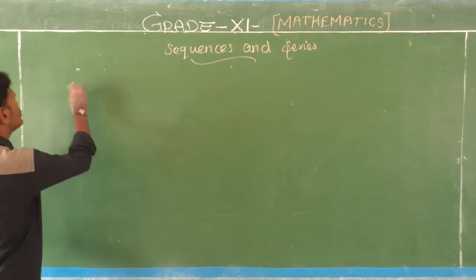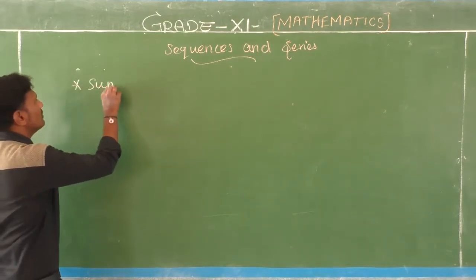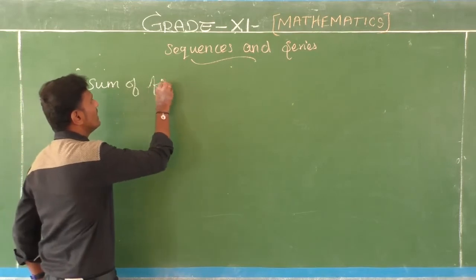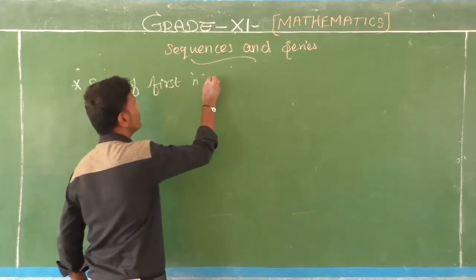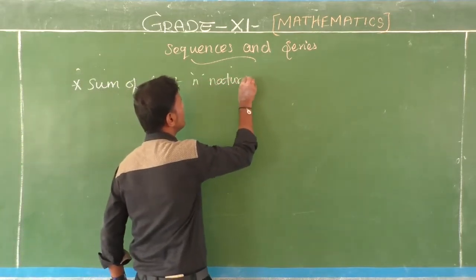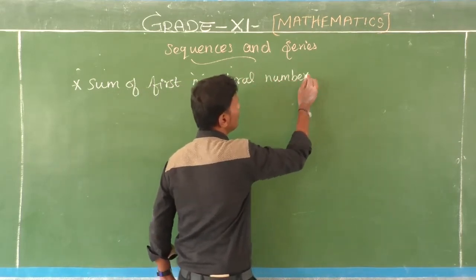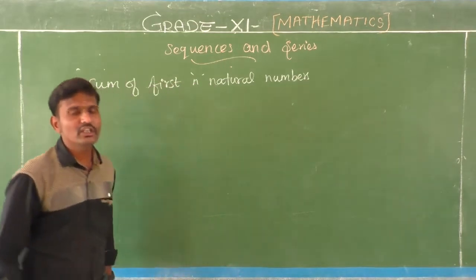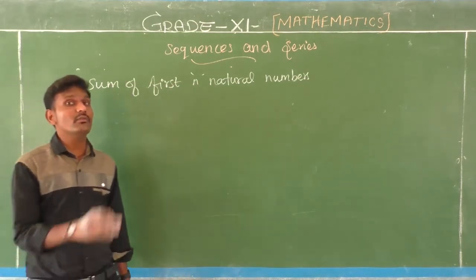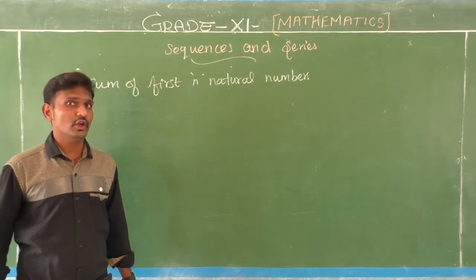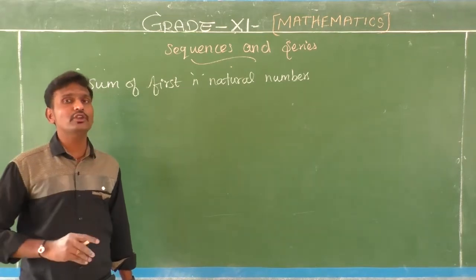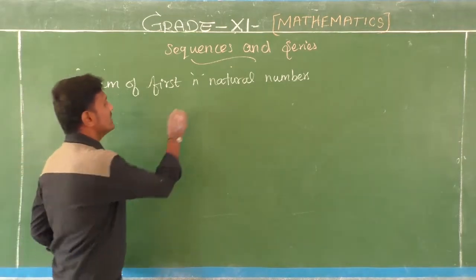Okay. So first you should know the sum of first n natural numbers. That is the formula for you. And before that you should know what a natural number is. Natural numbers start from 1, 2, 3 like that. For natural numbers I am going to use the summation symbol.